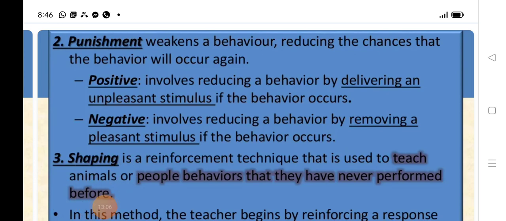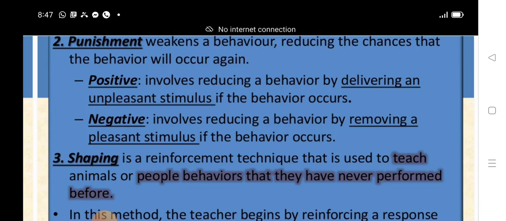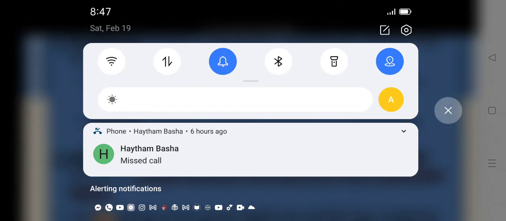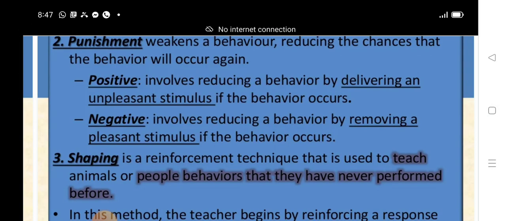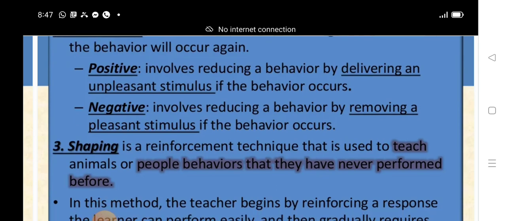And negative also, negative involves what? Reducing the behavior by removing a pleasant stimulus. I'm taking the pleasant stimulus from you if the behavior occurs.